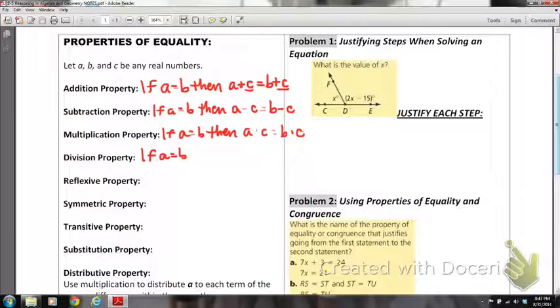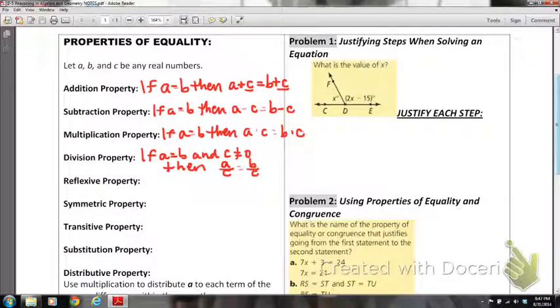So we have to say if A equals B and C does not equal 0, then I can divide both sides by C. A over C is going to equal B over C. And you still have an equivalent statement. You have an equation.